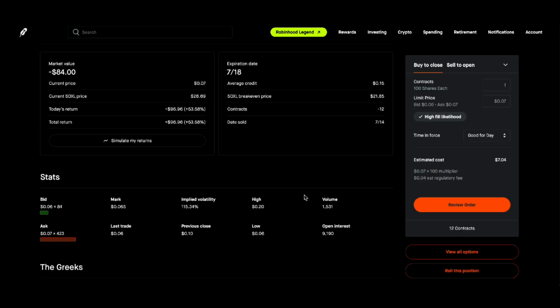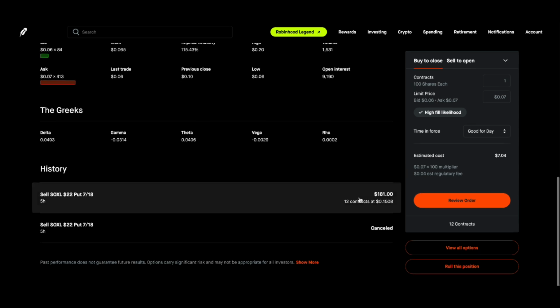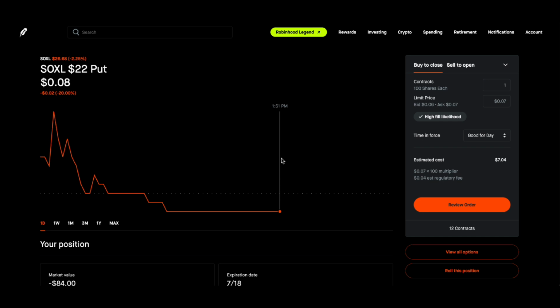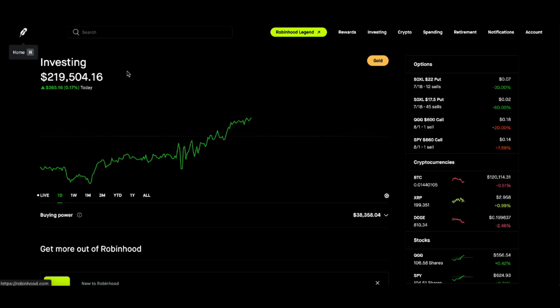If you see here, I made 15 cents per share for 1200 shares. That comes out to roughly $181, right? I got $181 from 1200 shares, but these are the shares for which I am putting in my own money.